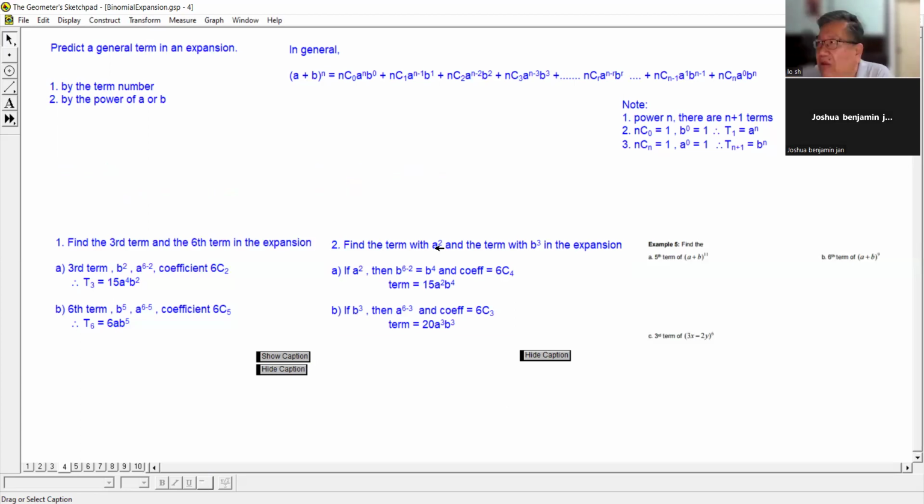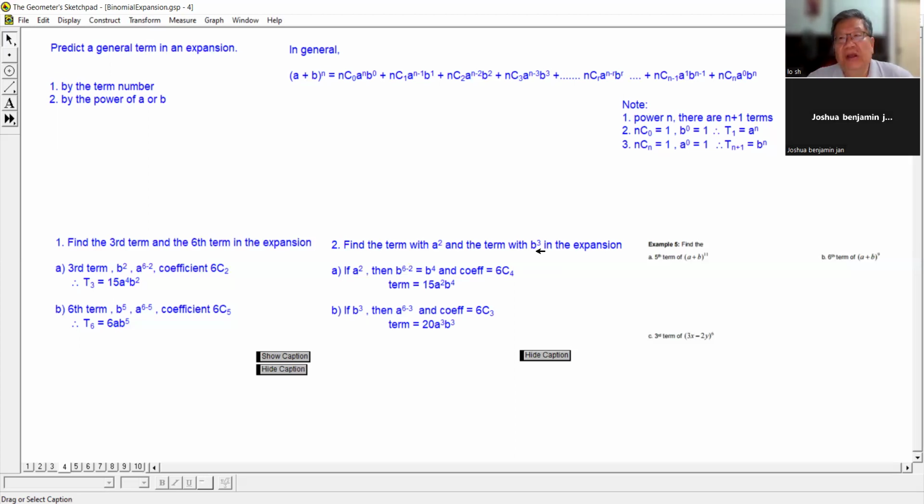Then they say, I want the term with b to the power 3. How many of these 7 terms have b to the power 3? Only one. And I'm going to predict the whole term that has b to the power 3. Do you understand what we want to do now?